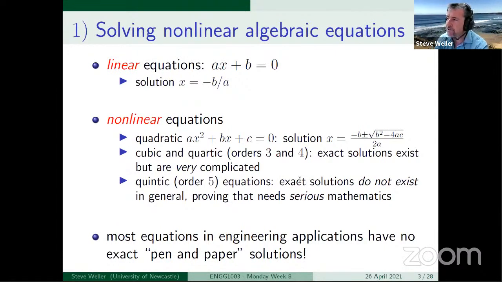Now, nonlinear equations also come in many different forms. The simplest nonlinear equation that you may have seen at high school is quadratic equations, otherwise known as parabolas, where you've got an equation that takes the form ax squared plus bx plus c is equal to 0. So that's the equation of a parabola, and the numbers a, b, and c define the shape of that parabola, its orientation, its steepness, and its intercept with the axes.